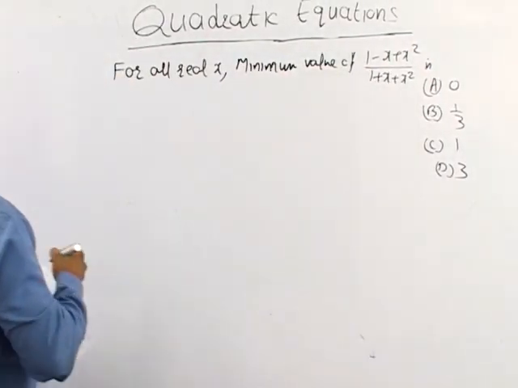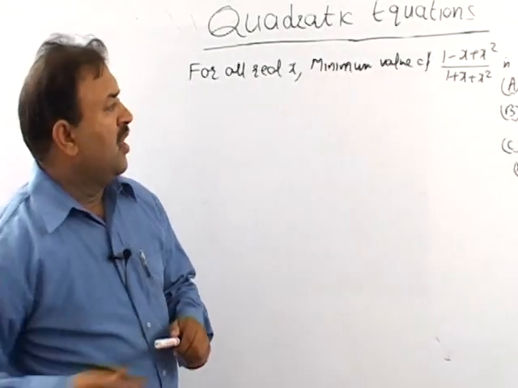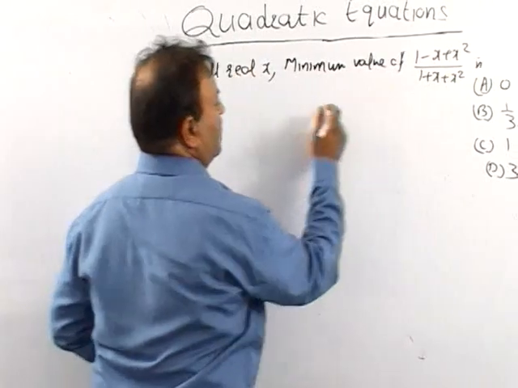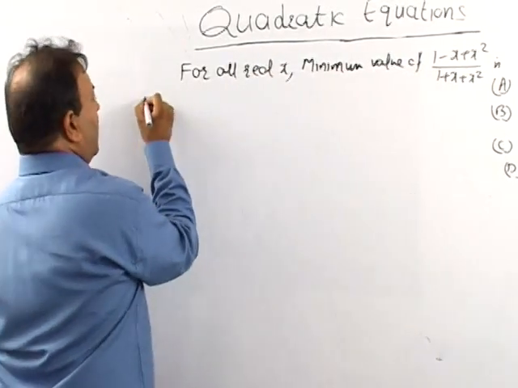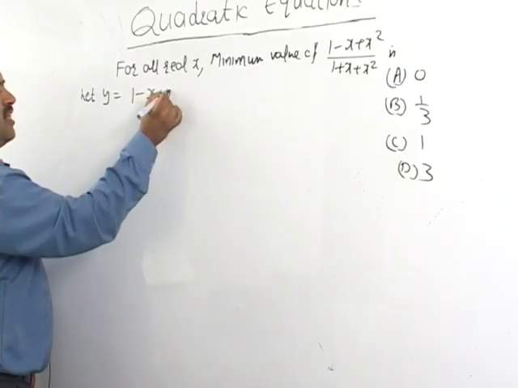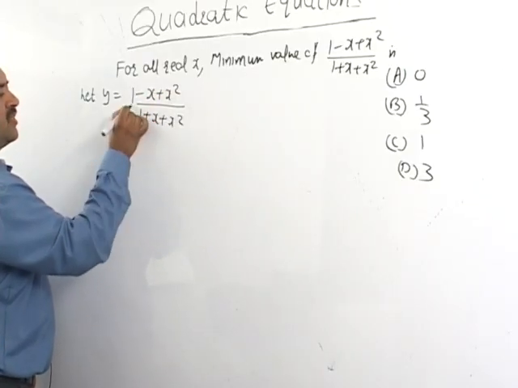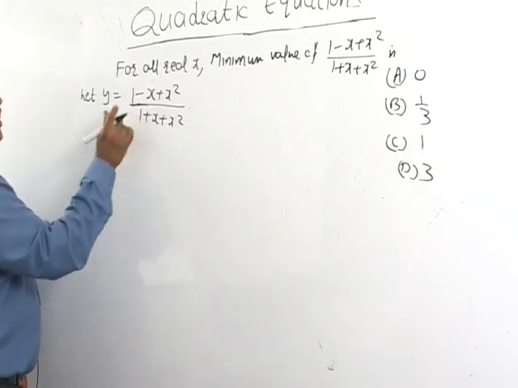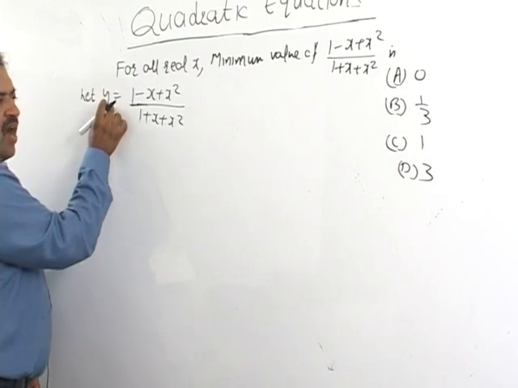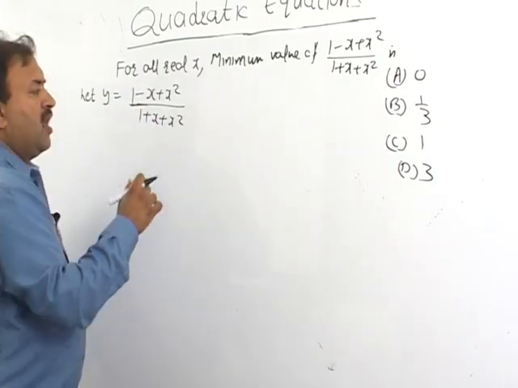Now, how will we start? To get the minimum value of this expression, we'll suppose this whole expression as y. So let y be equal to (1 minus x plus x square) upon (1 plus x square). Now we have to see the range of y, what the maximum value of y can be and what the minimum can be.